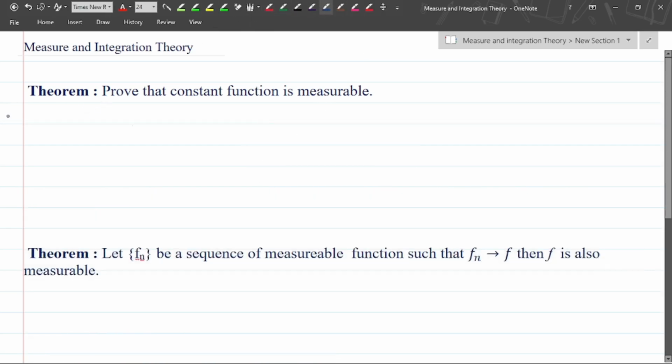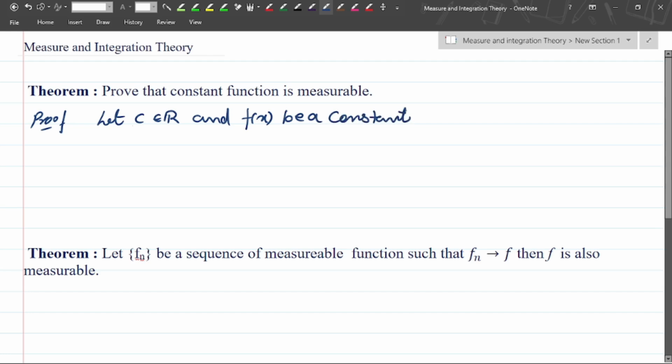Proof of the theorem: let c belong to the real numbers and f(x) be a constant function, such that f(x) = c for every x belonging to the real numbers.